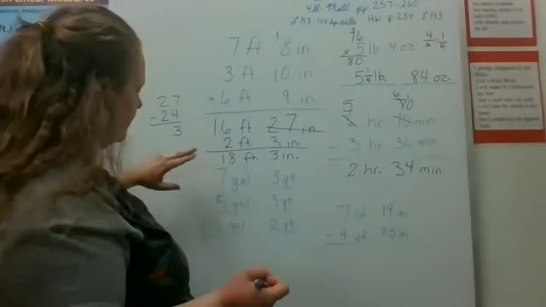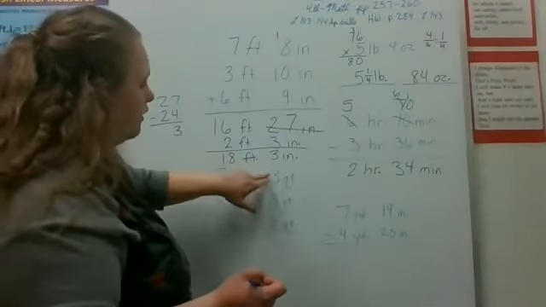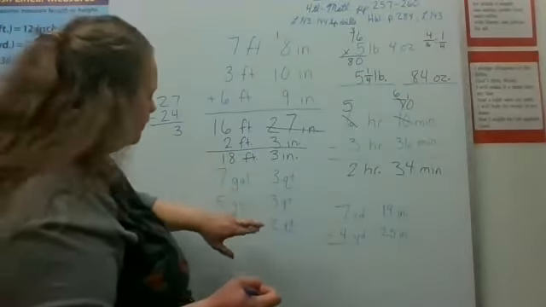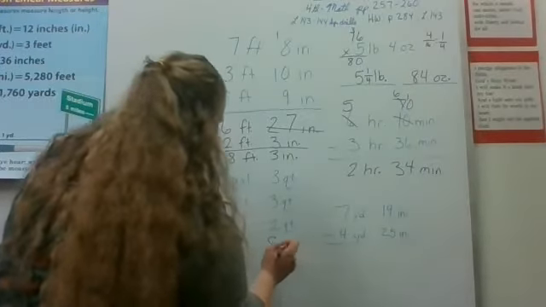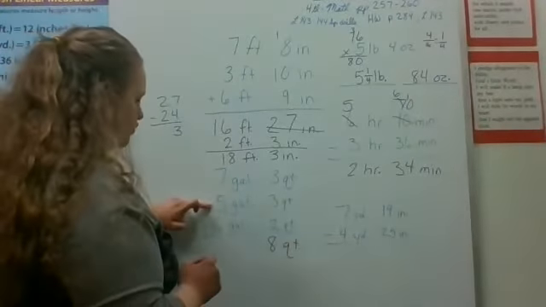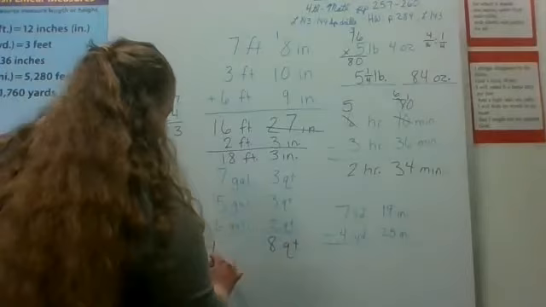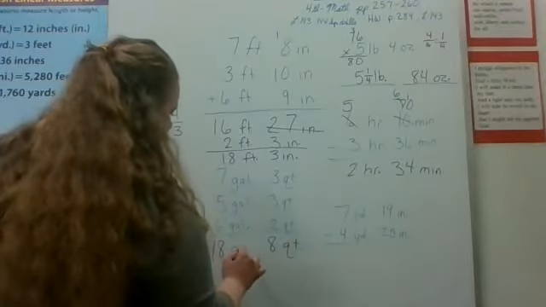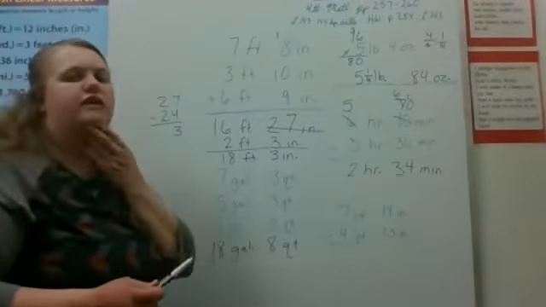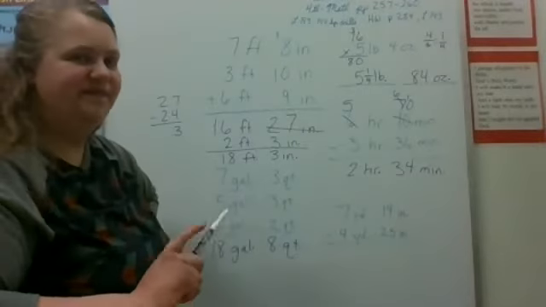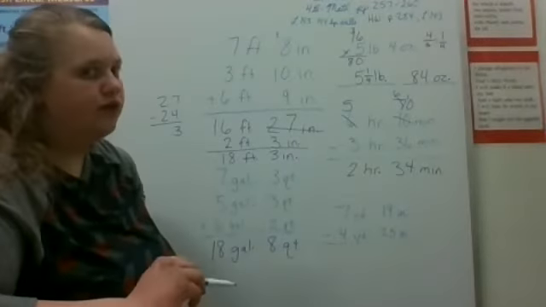Over here we've got gallons and quarts, so 3 plus 3 is 6, plus 2 is 8, so we have 8 quarts, okay? 7 plus 5 is 12, plus 6 is 18 gallons, okay? 8 quarts. How many quarts are in a gallon? 4 quarts.